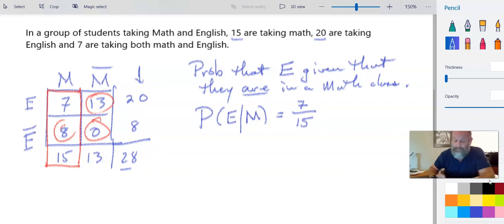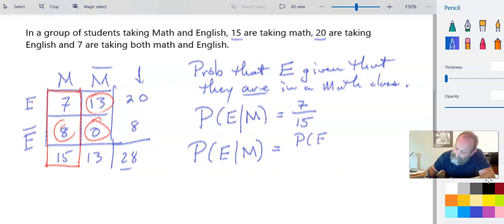Now, there's a formula for it, especially when you're looking at a table like this. The probability of some event given another event has already happened is equal to the probability that both of these events happen, divided by the probability that the condition, the one that's already true.